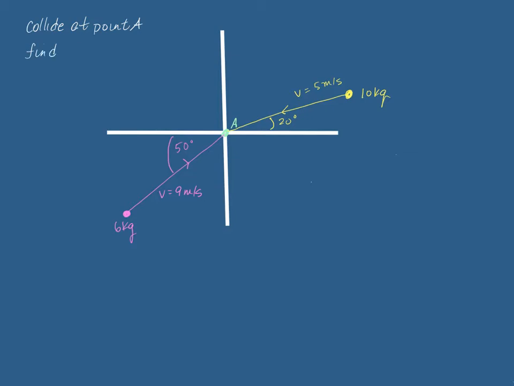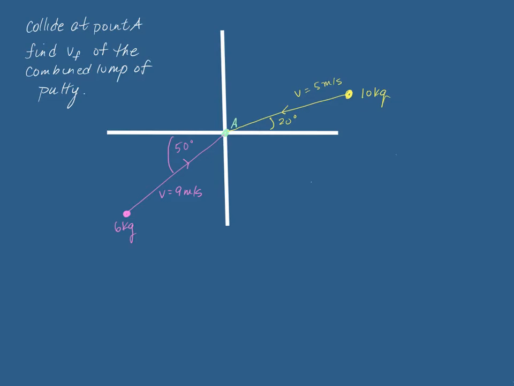And in this case, we're going to go a little bit further and find the final velocity of the combined lump of clay. Or I guess I was calling it putty.